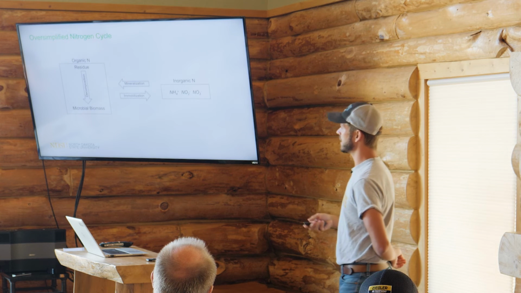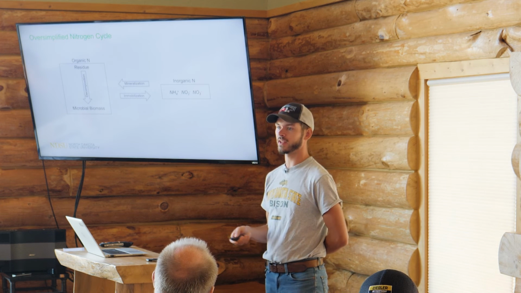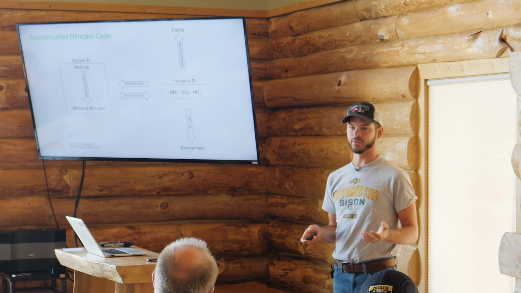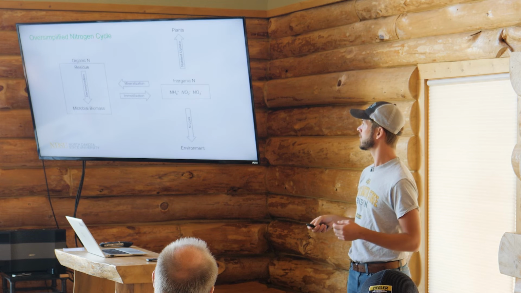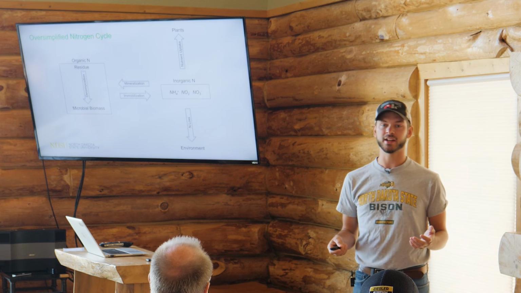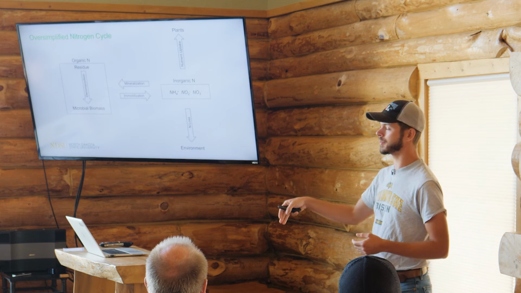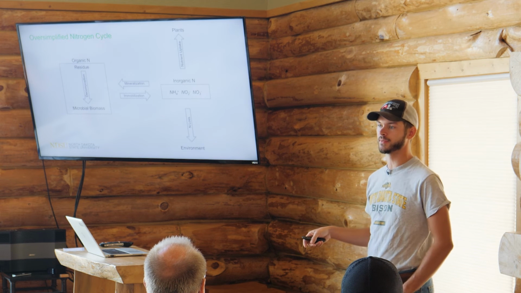Now, where the other complications come into the nitrogen cycle, and I'm just going to glaze over this quickly, are the other ways that nitrogen is leaving our system. The goal would be having it taken up through plant uptake, and then eventually some of that would be available again as plant residue. The other aspect is nitrogen loss into the environment through volatilization or leaching or any of that sort. Again, that's something we want to minimize because once that's gone, it's gone.